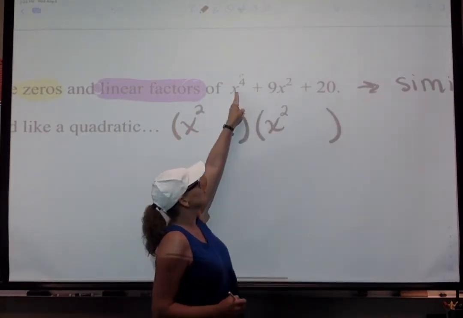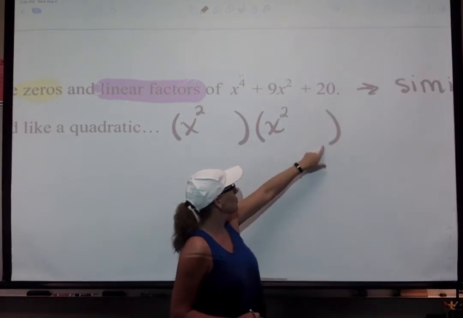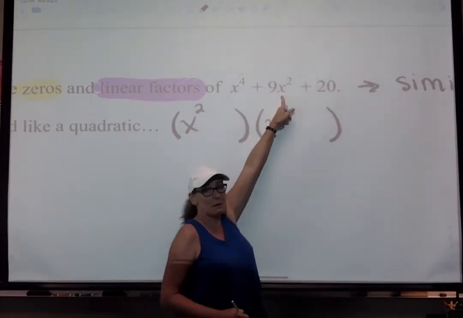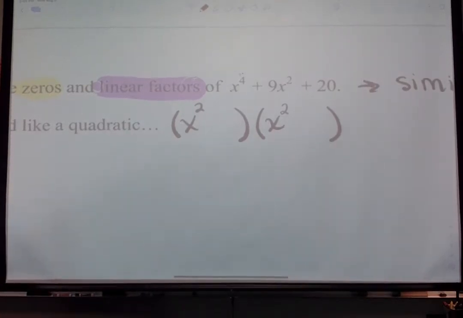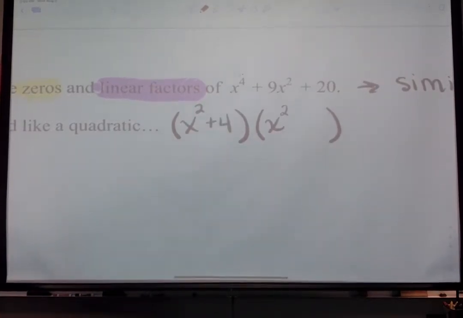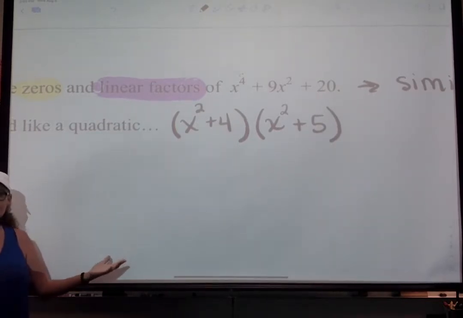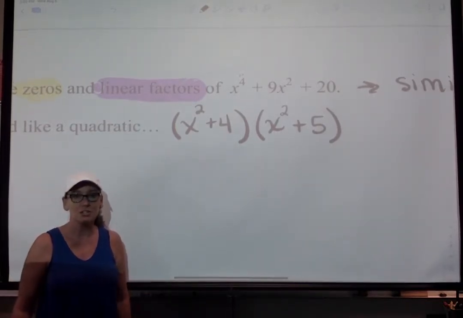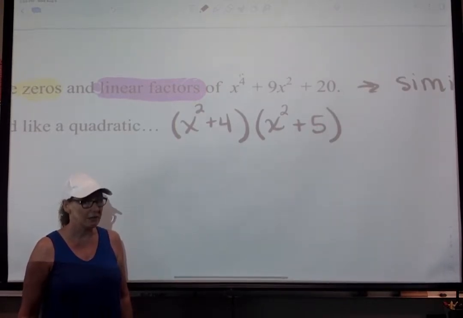This times this gets us x to the 4th. When I figure out these numbers, when I do my outer and inner, that's going to get me my x squared term in the middle. So then I figure out what numbers go here and here. Okay, I factored it. Those are factors. Are they linear factors? No, they're quadratic factors.